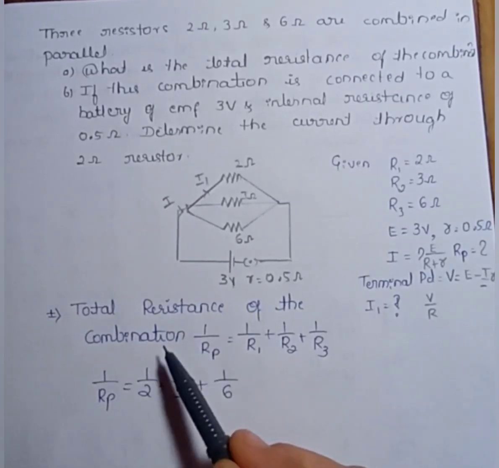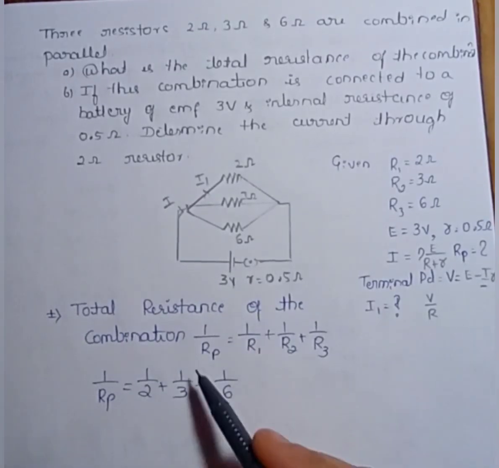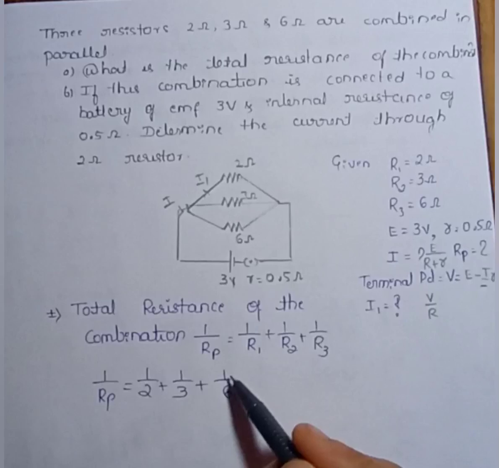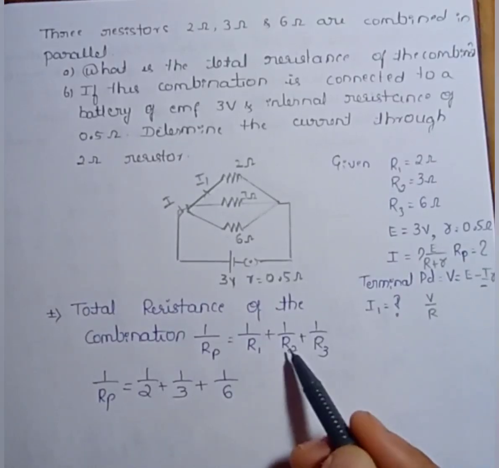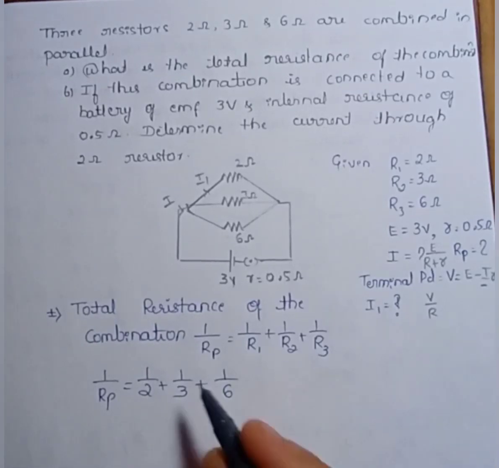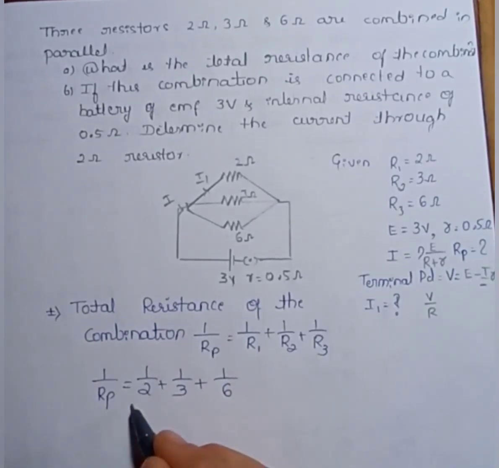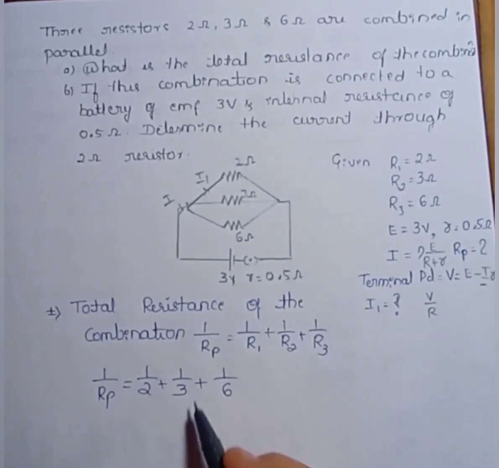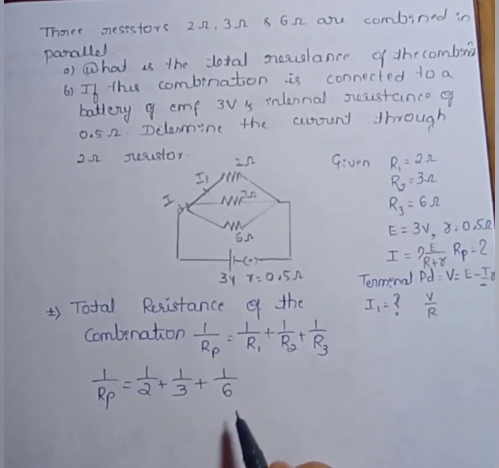First of all, we have to find the total resistance of the combination. 1 by Rp is equal to 1 divided by R1 plus 1 divided by R2 plus 1 divided by R3. 1 divided by Rp is equal to 1 by 2 plus 1 by 3 plus 1 divided by 6.